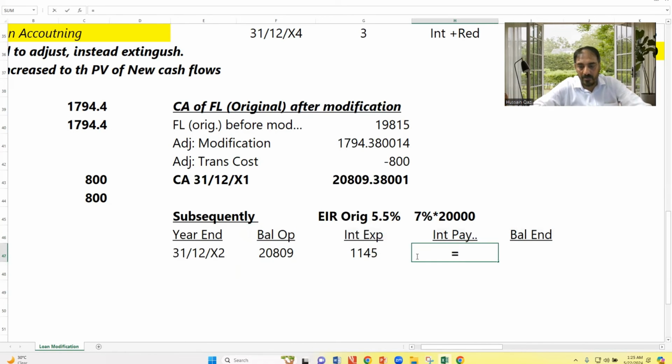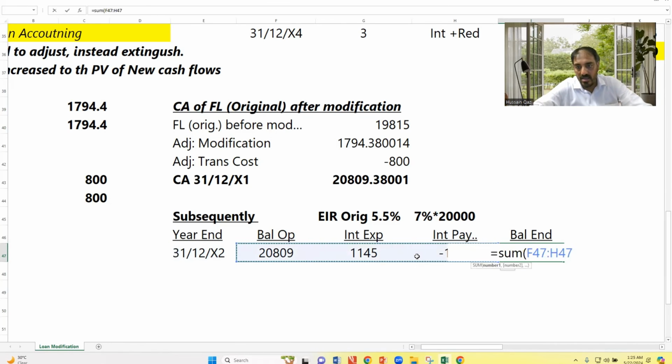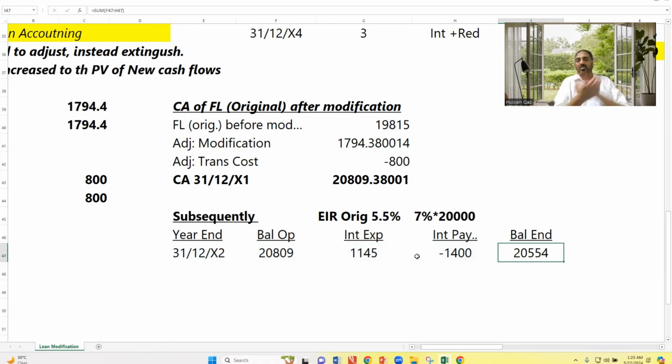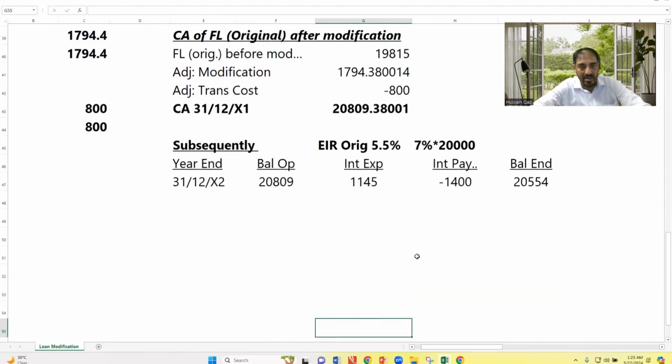Interest payment is 7% multiplied by 20,000. So here is the sum, that is the value 20554.